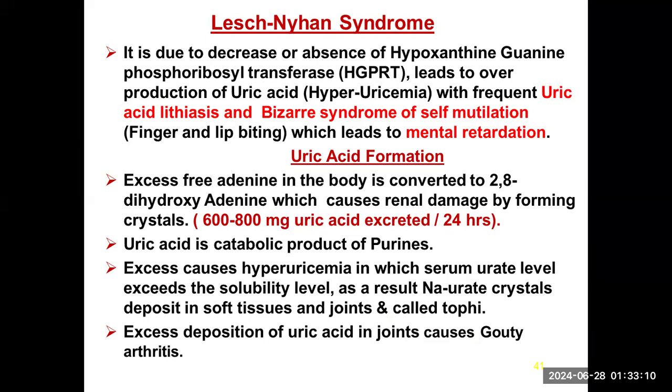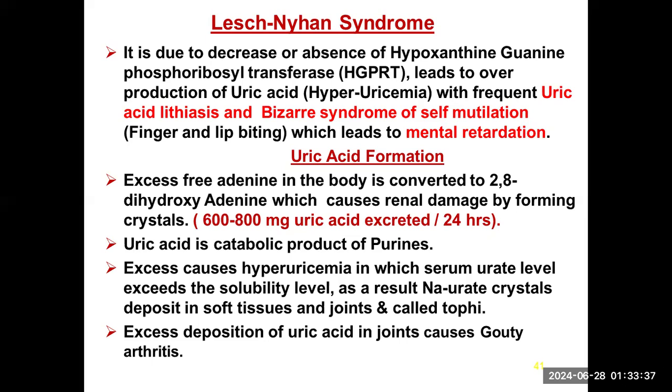Lesch-Nyhan syndrome is due to decrease or absence of hypoxanthine guanine phosphoribosyltransferase that leads to overproduction of uric acid, that is hyperuricemia, with frequent uric acid lithiasis and a behavioral syndrome of self-mutilation, meaning finger and lip biting, which leads to mental retardation.